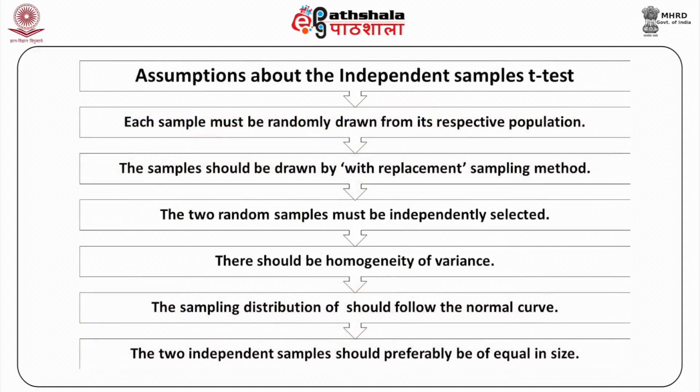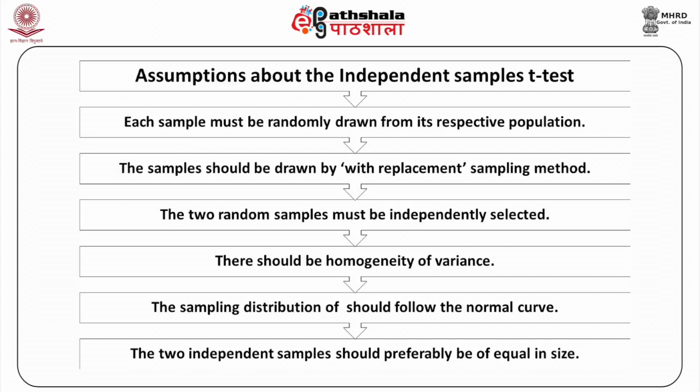The assumptions for the independent samples t-test are the following, and they must hold true if one wants to conduct the t-test for independent groups. Each sample must be randomly drawn from its respective population. The samples should be drawn by with-replacement sampling method.